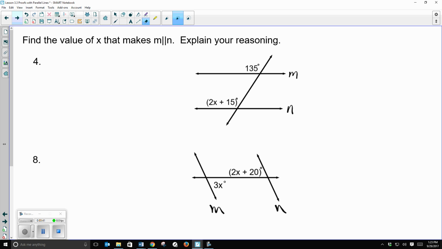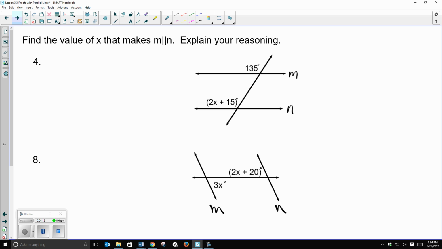Well, today, we don't know that these lines are parallel, but for what value of x would make these two lines parallel? So I have to figure out the one number that will plug into x and give me the number here, which would make these two lines parallel, which means this would have to equal 135 degrees, because these two angles would have to be congruent to make these two lines parallel.